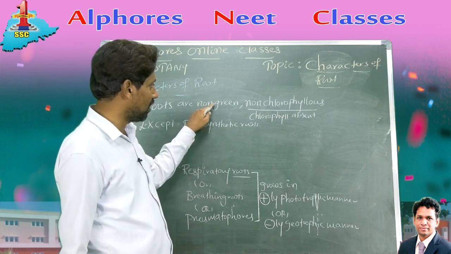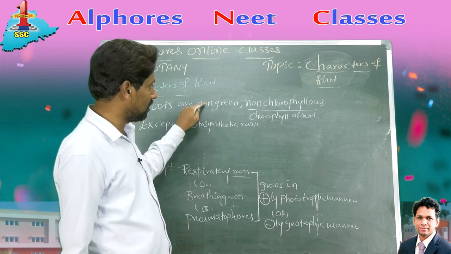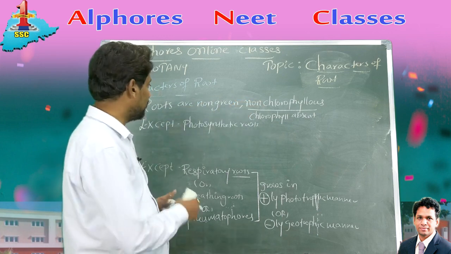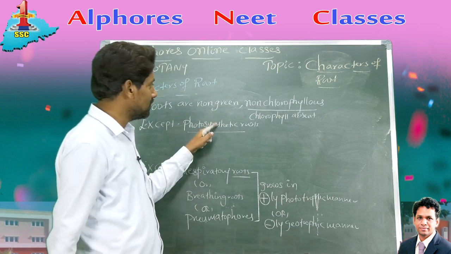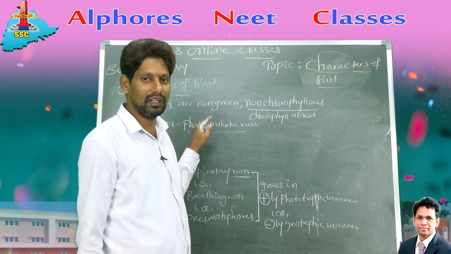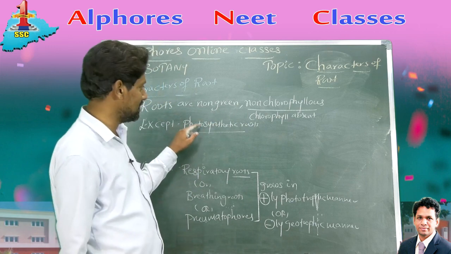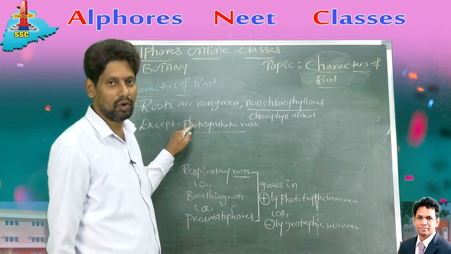Remaining roots are non-green and non-chlorophyllous. But photosynthetic roots are green and chlorophyllous. This is the exceptional case. These also we will discuss in detail in the coming topics.